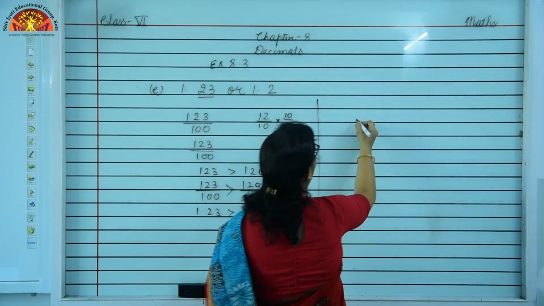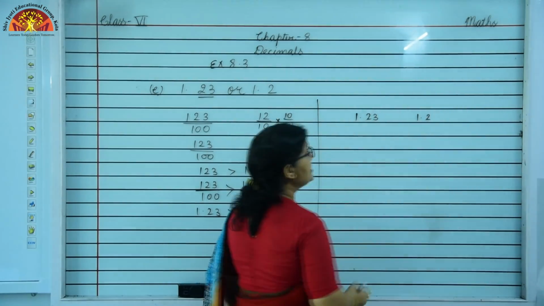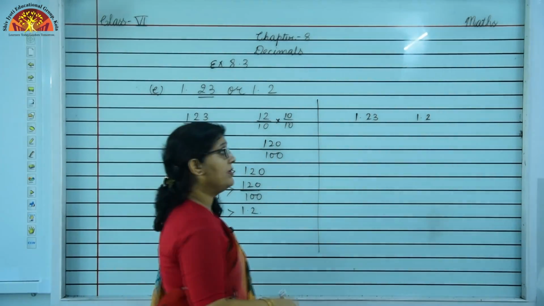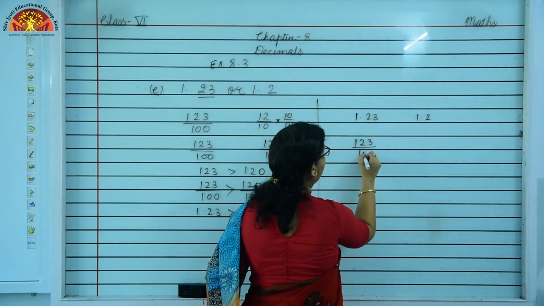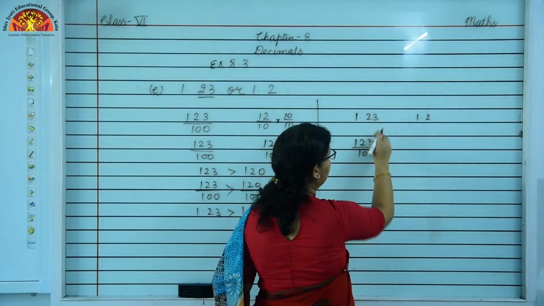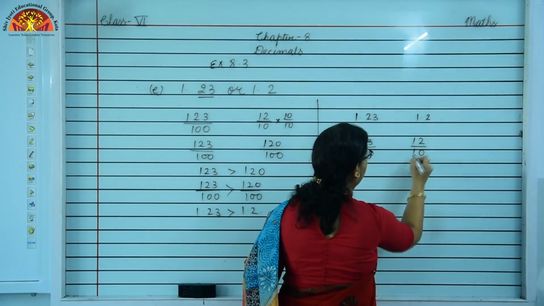This is the one way to compare the numbers. Another way is 1.23 and 1.2. First you convert into decimal fraction. Now this is 123 upon 100 because we have 2 digits here, and 1.2 converts into 12 upon 10.